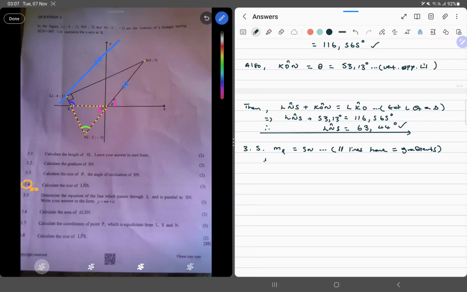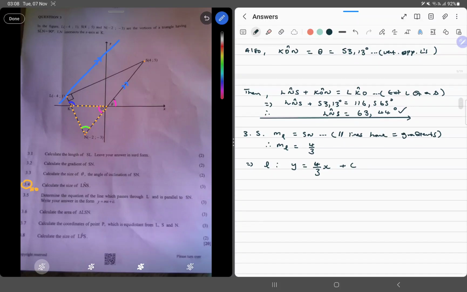Okay, therefore the gradient of this line is equal to 4/3. Okay, so we can say then, or this implies that this line is such that y is equal to 4/3x plus c.